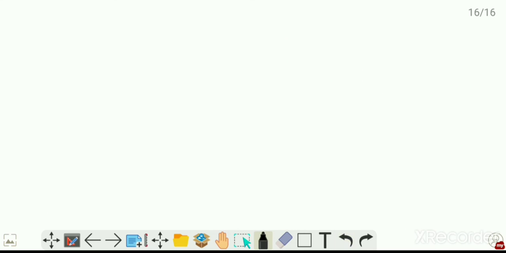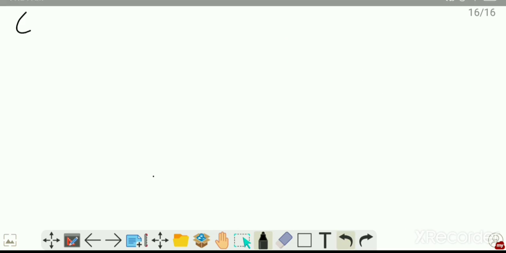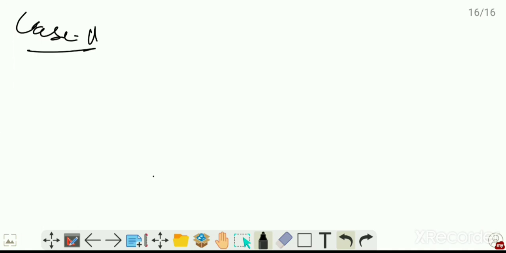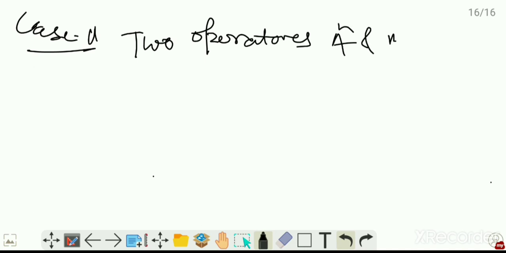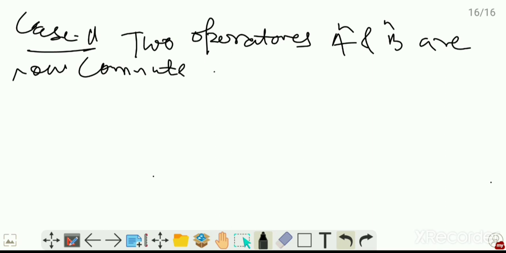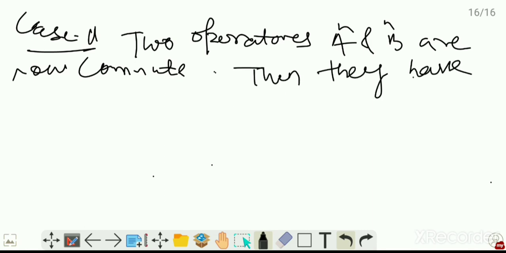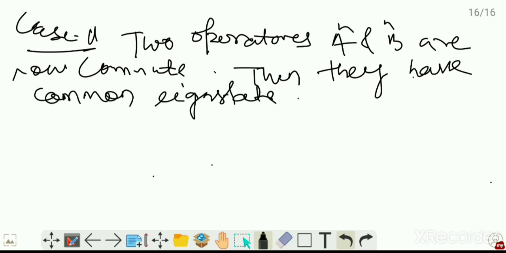Now case 2: if two operators A cap and B cap commute, then they have common eigenstates.